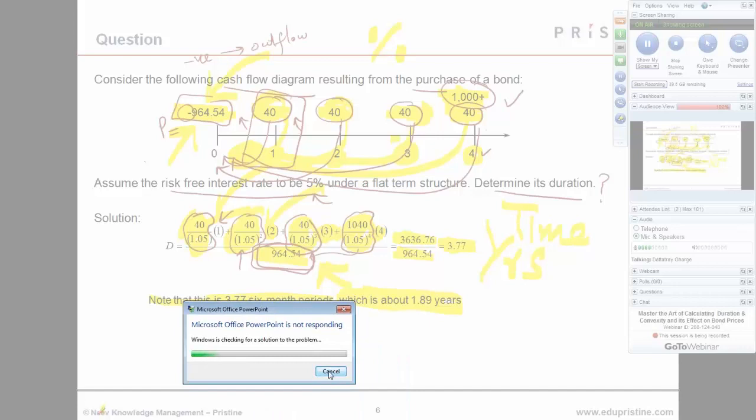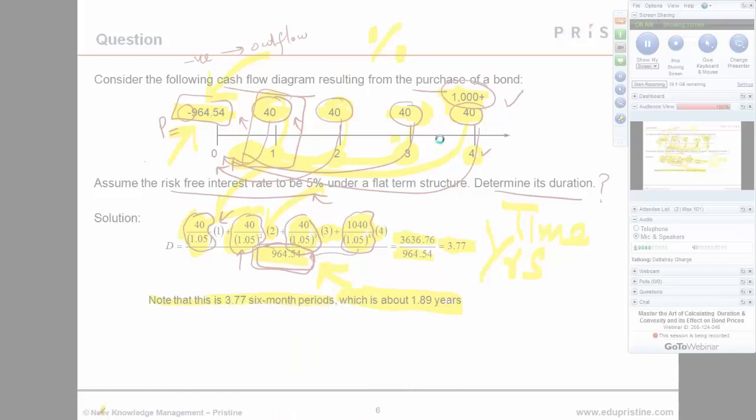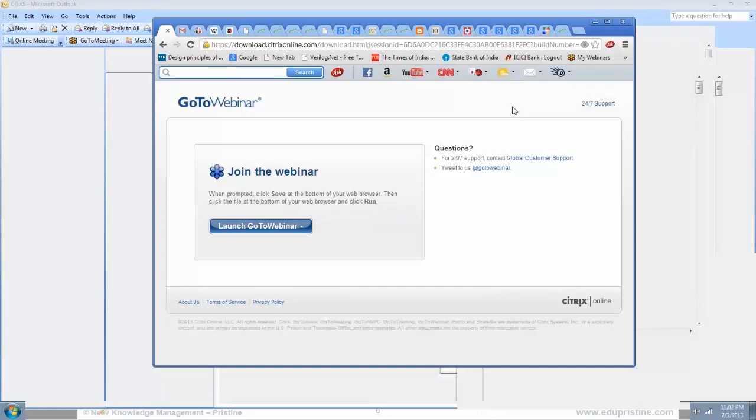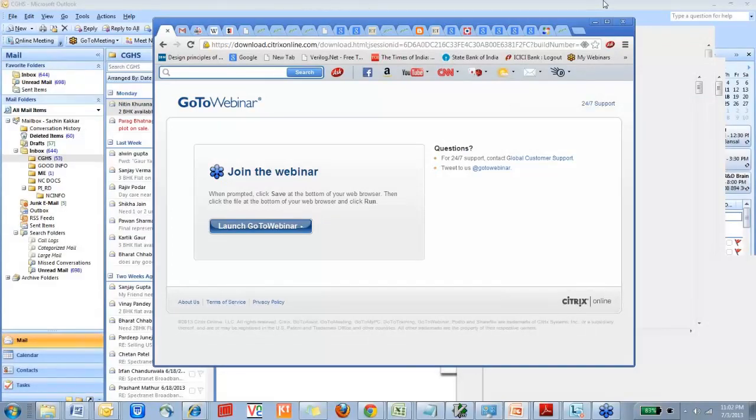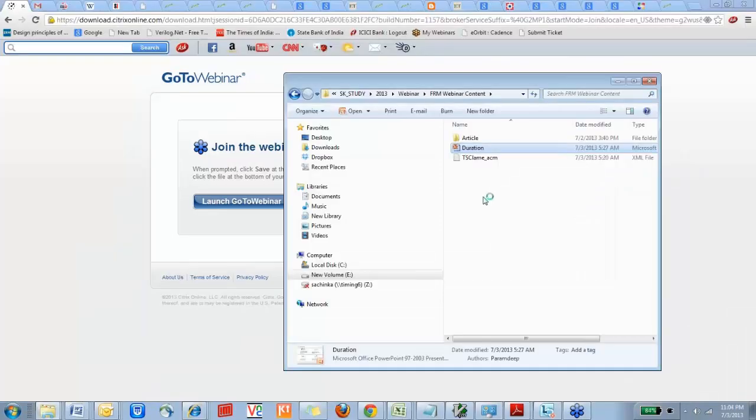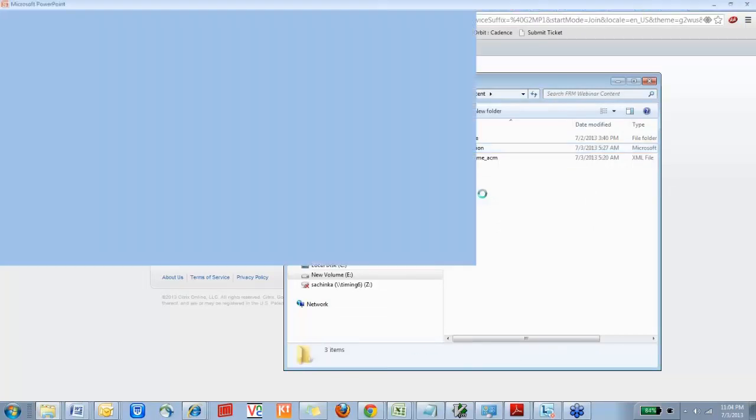after 3.77, what I get is the point in the timeline till which I should hold my bond. Okay, and if you don't hold the bond till that point, then your yield is not guaranteed. Okay, so while it comes up, there is not just one duration in the system.